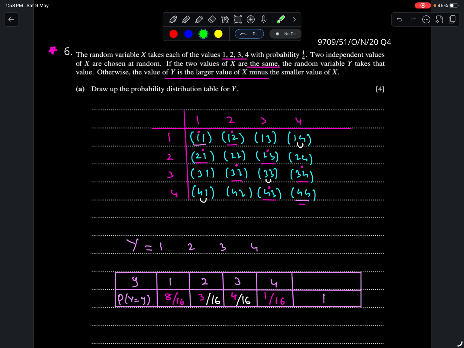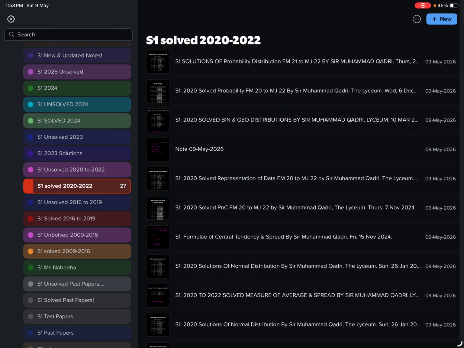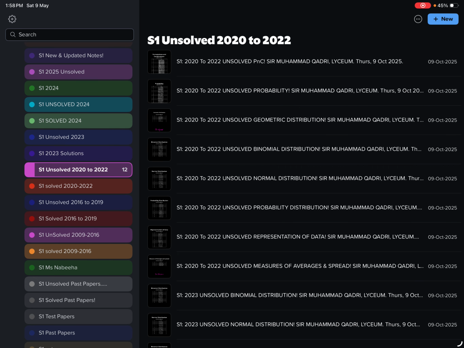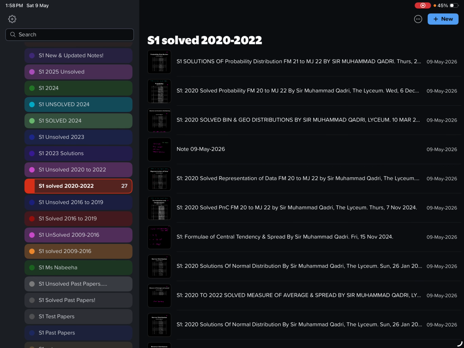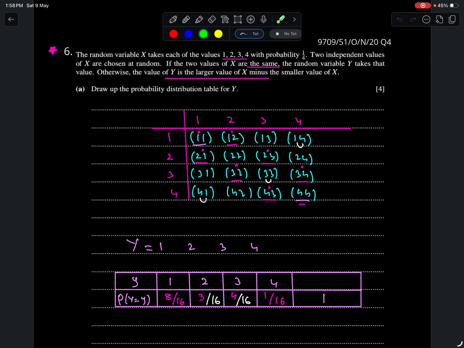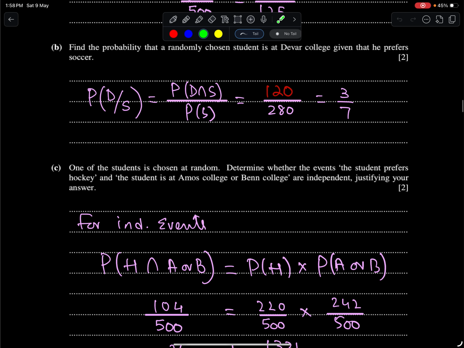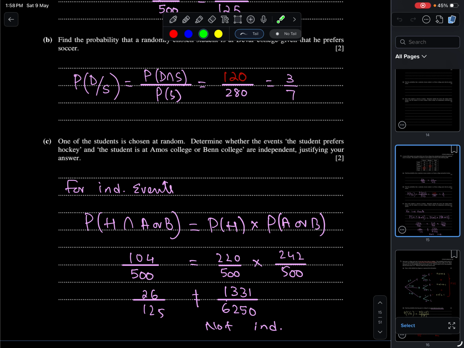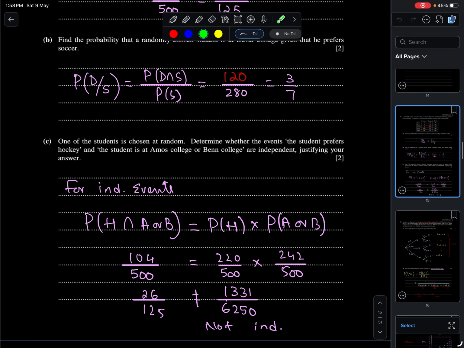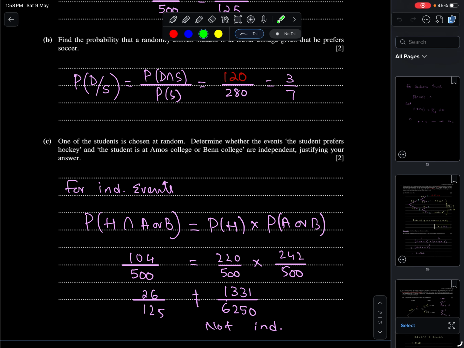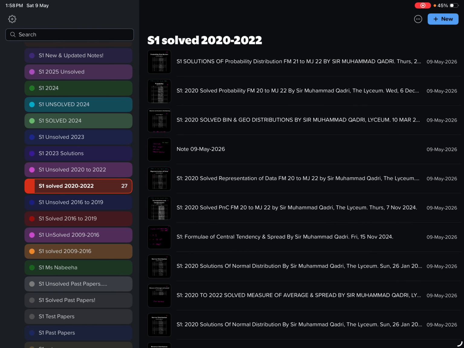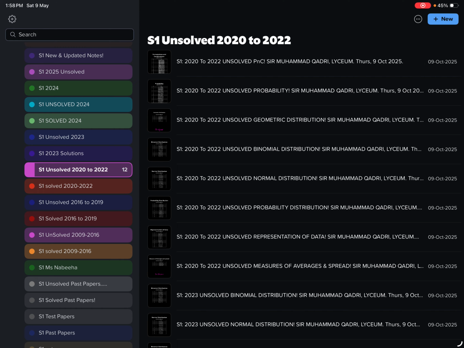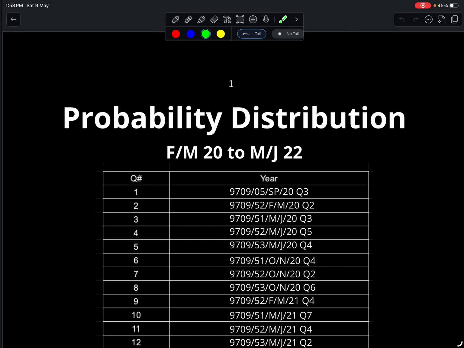Let me check the solution of this. Probability distribution, question 6.